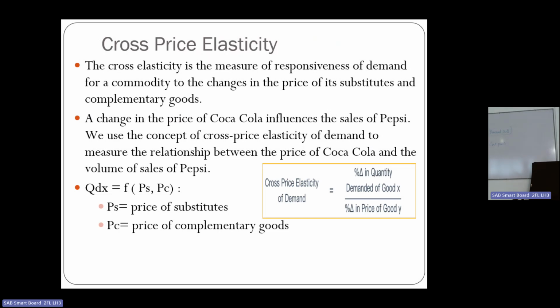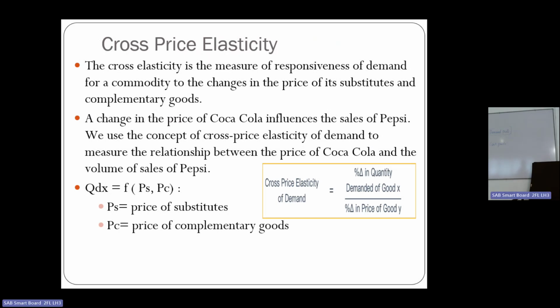Here we are taking the responsiveness of demand to the change in the price of related goods, substitutes or complementary goods. When the substitute's price changes, we can see how it affects demand. For example, when the Pepsi Cola price changes, how does it affect the Coca-Cola demand?